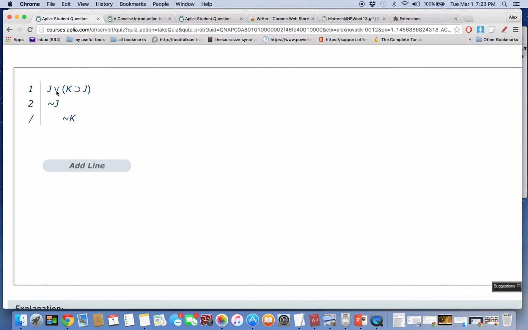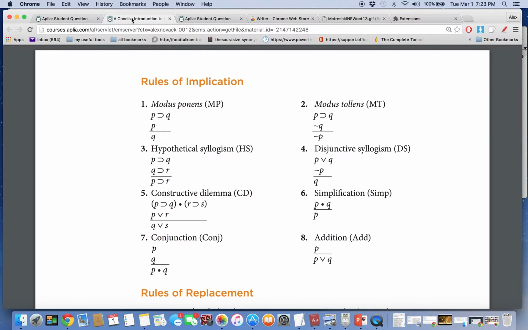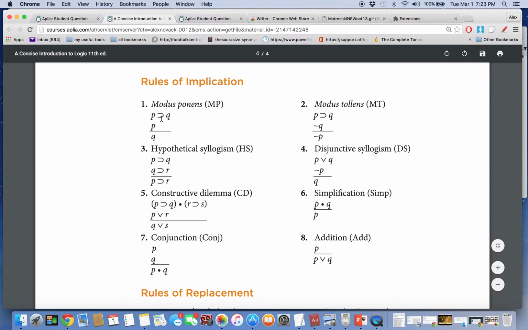So we're looking for a rule where the parent in the blueprint has main operator wedge. Not modus ponens, that has horseshoe in it, not modus tollens, that has horseshoe in it, not hypothetical syllogism, lots of horseshoes. Disjunctive syllogism: here we have a wedge as main operator for the one parent.